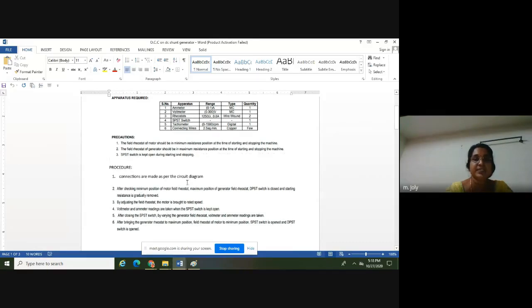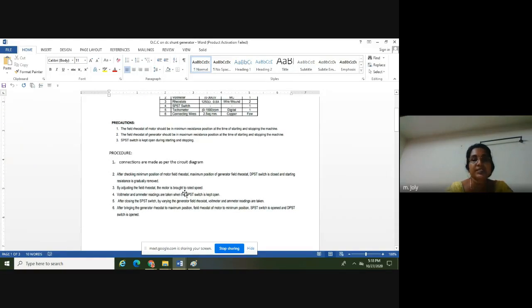While doing the connection, this is the procedure. Connections are made as per the circuit diagram. After checking the minimum position of the motor field rheostat and the maximum position of the generator field rheostat, the DPST switch is closed. Then by adjusting the field rheostat, the motor is brought to rated speed. Then voltmeter and ammeter readings are taken.